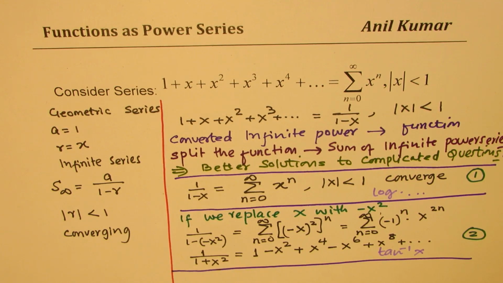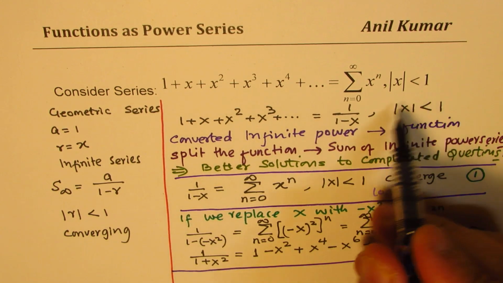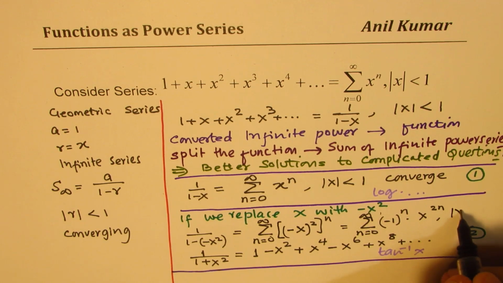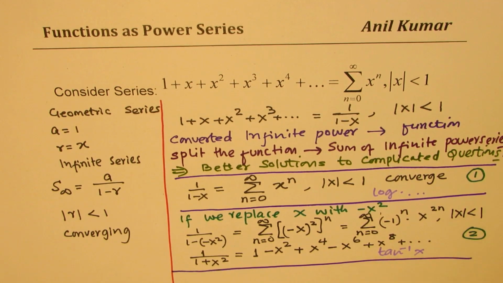And I hope it is interesting and useful and you feel connected to what is going on, right? So another important thing always to keep in mind is the value of x. So it is always converging, and in these two examples we have considered, the absolute value of x should be less than 1. Perfect. Otherwise, whatever formulas we are using are not valid, right?